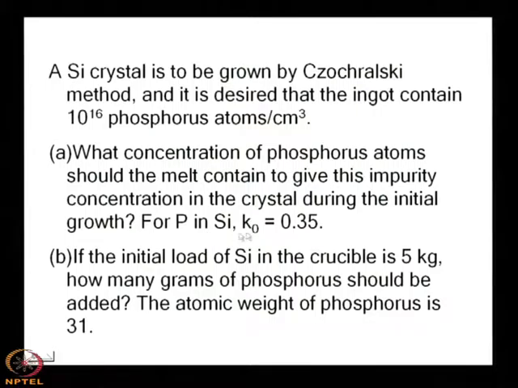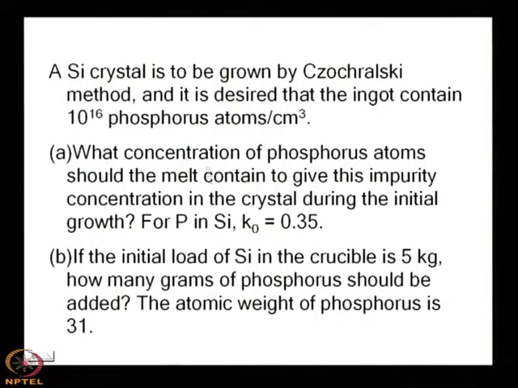For phosphorus in silicon, K0 is given as 0.35. If the initial load of silicon in the crucible is 5 kg, how many grams of phosphorus should be added? The atomic weight of phosphorus is 31. So, there are two parts. One part is what concentration of phosphorus atoms should the melt contain to give this impurity concentration. What is the impurity concentration? 10 to the power 16 phosphorus atoms per centimeter cube. Another thing is how many grams of phosphorus should be added.